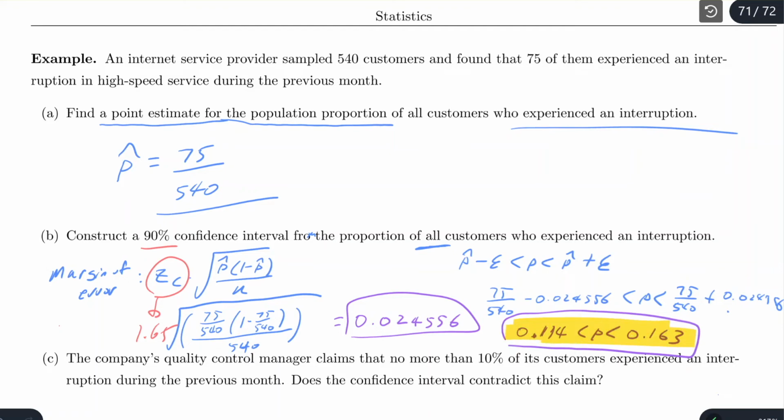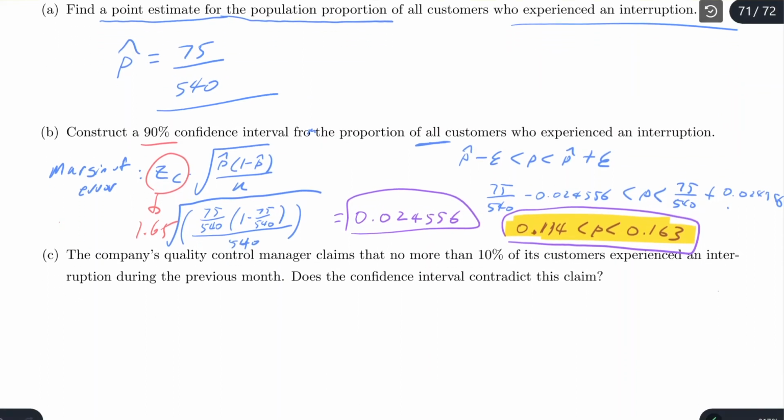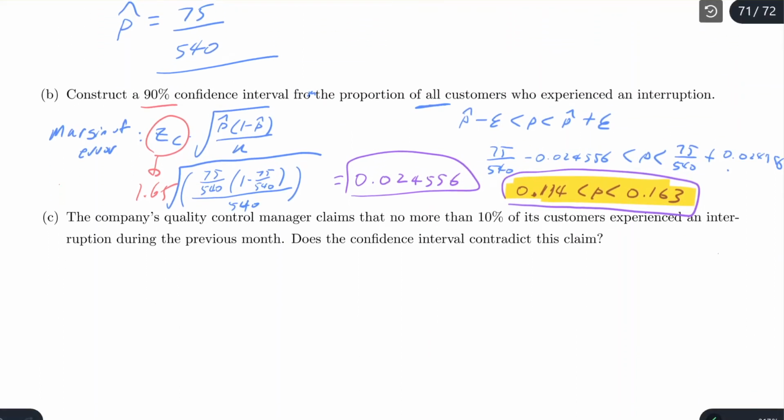So what does this mean? It means we are 90% confident that the population proportion of all customers who experience interruption is between 0.114 and 0.16. So between 11 and 16% of customers experienced internet interruption last month, and we're 90% confident of that. The company's quality control manager claims no more than 10% of its customers experienced an interruption during the previous month. Does this confidence interval contradict this claim?